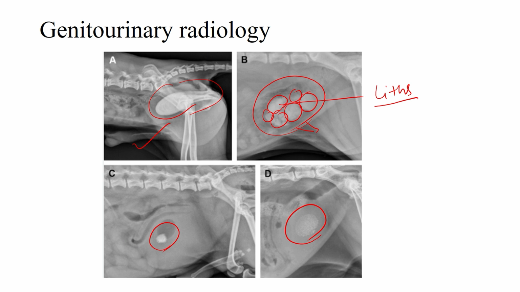As a result, the chances of lith formation are quite high, and they become even higher if the animals are reluctant to take a proper amount of water. So genitourinary radiology deals with the bladder and the genital organs.